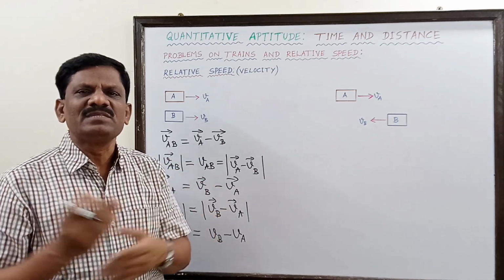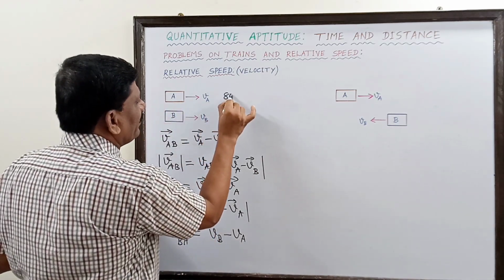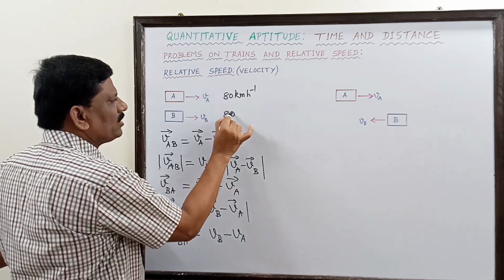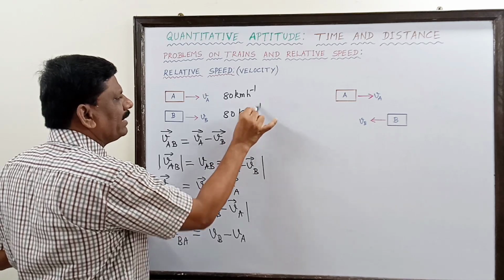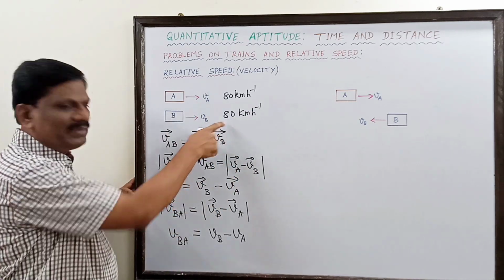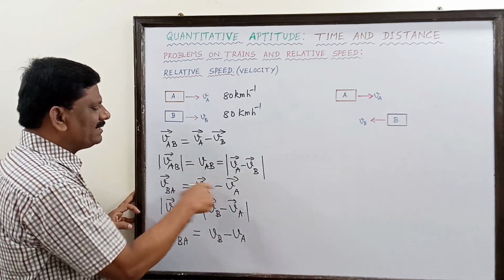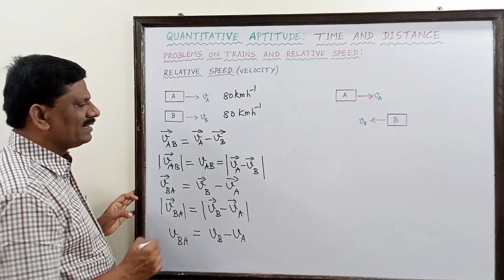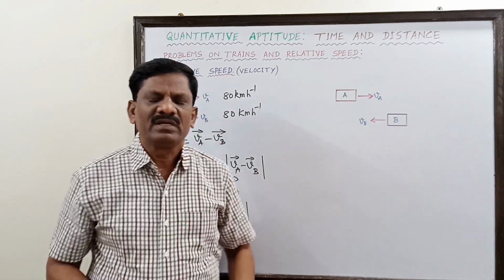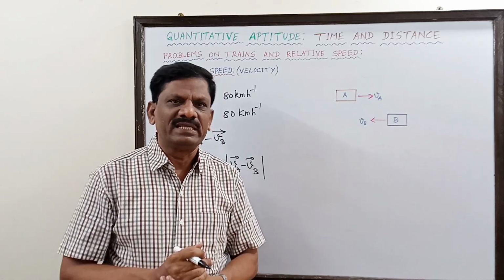For example, the speed of bus A is 80 km per hour and the other bus is also 80 km per hour. So the relative speed of bus A with respect to bus B is VA minus VB, which is 80 minus 80, equal to 0. That is why both buses appear to be at rest for each other.